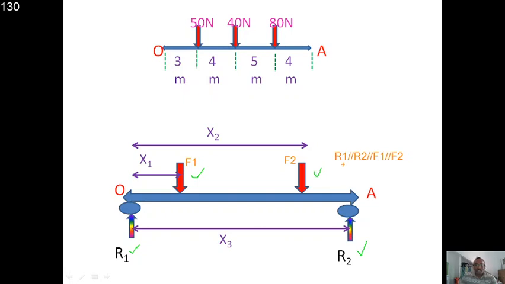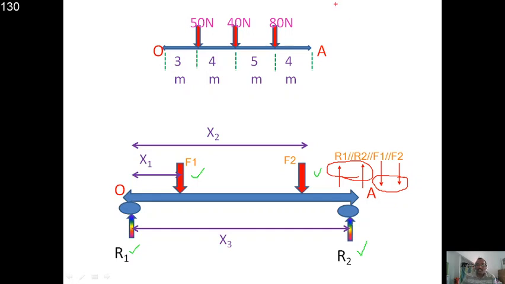You see this: R1 is in the upward direction, right? R2 is also upward, but F1 is downward and F2 is also downward. Now the directions of R1 and R2, and F1 and F2, are not similar.